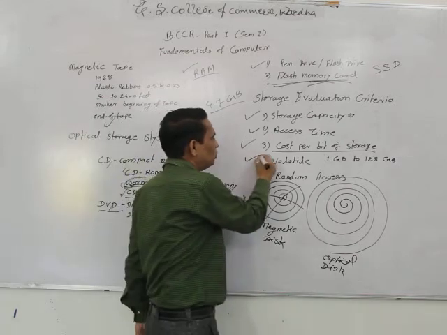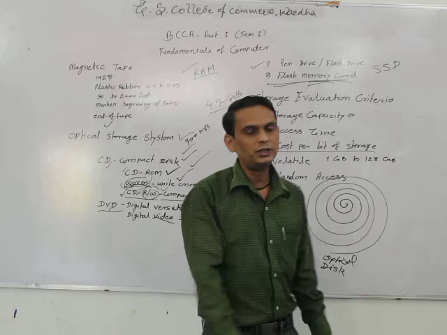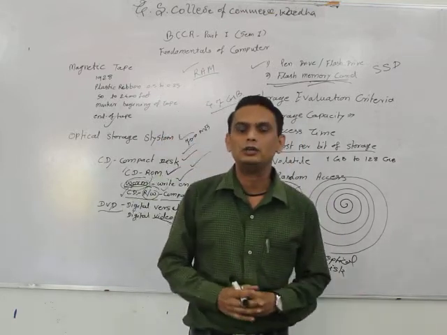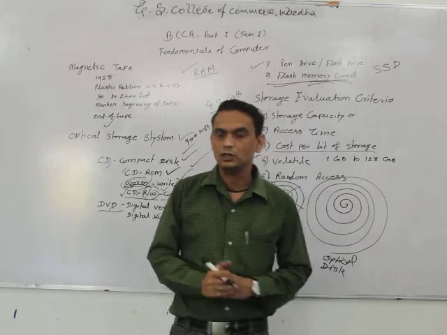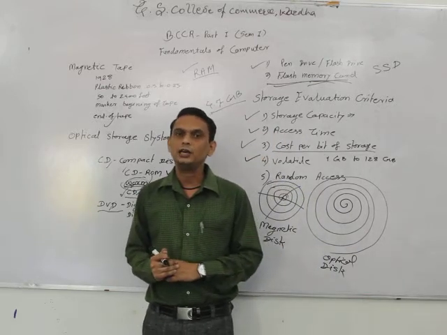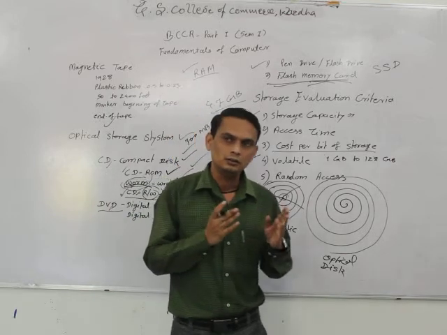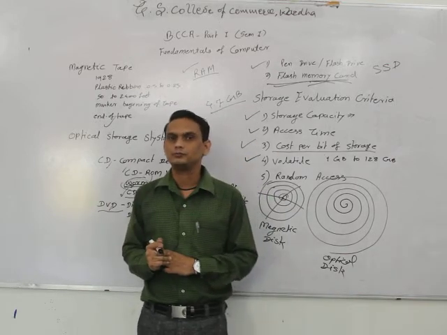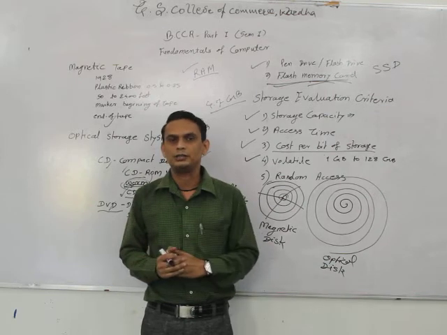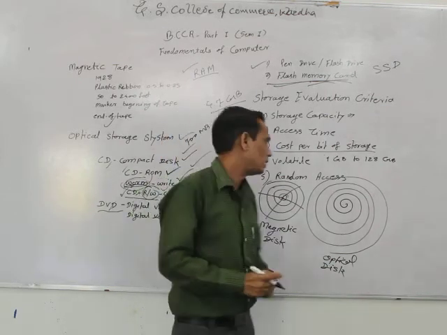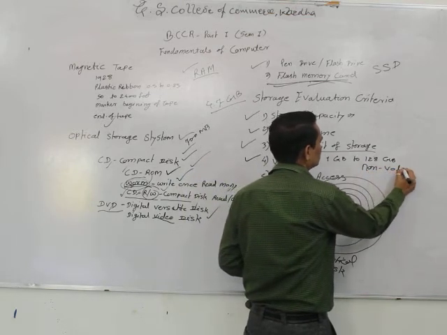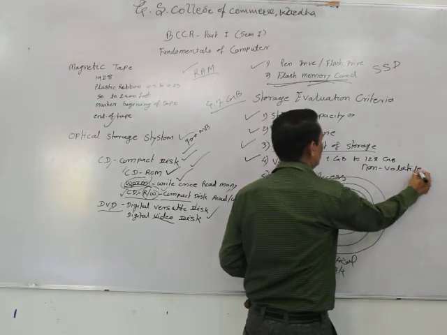Next one, volatile. Volatile means when the computer system is turned off, all the data will be erased from the computer system. It's called a volatile memory. When the data is retained in a memory when the power is switched off or interrupted, that type of memory is called non-volatile.